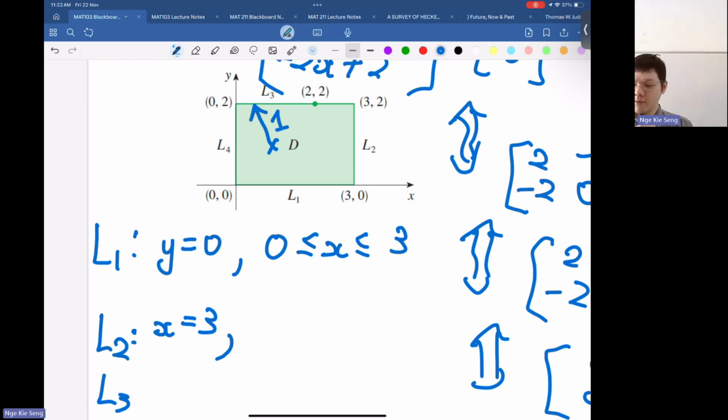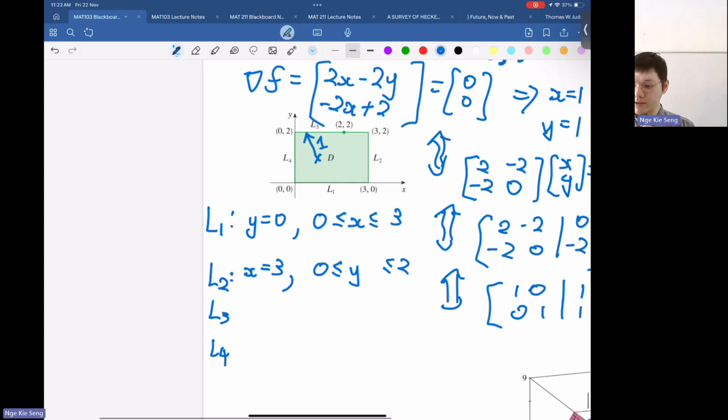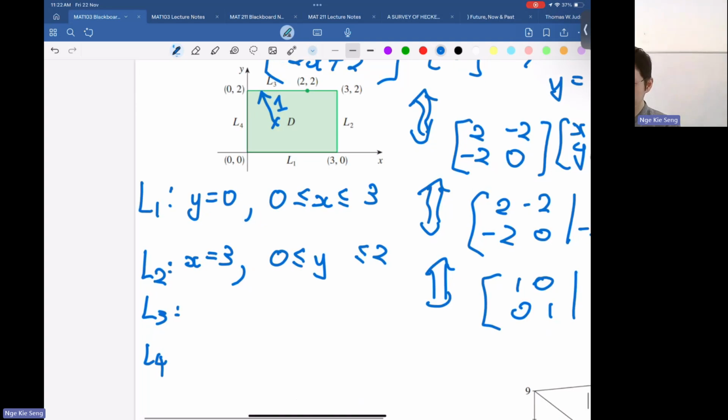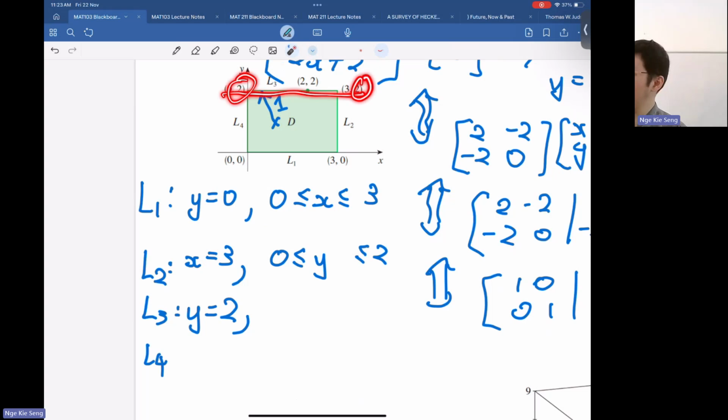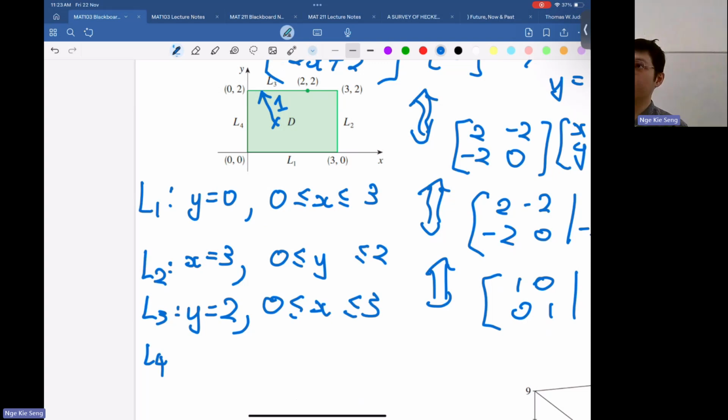I just want y from 0 to 2. L3 is similar. Here is a horizontal line, y equals 2, because the y coordinate doesn't change. But I restrict my x from 0 to 3.